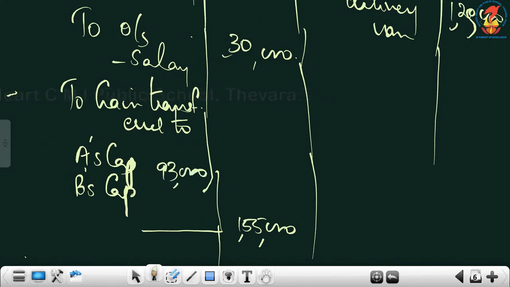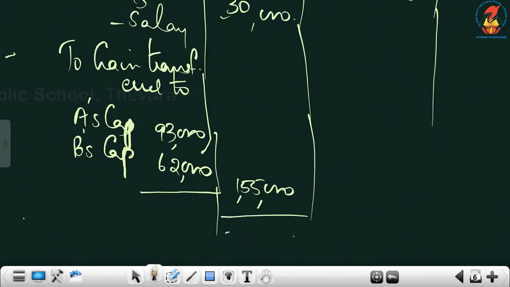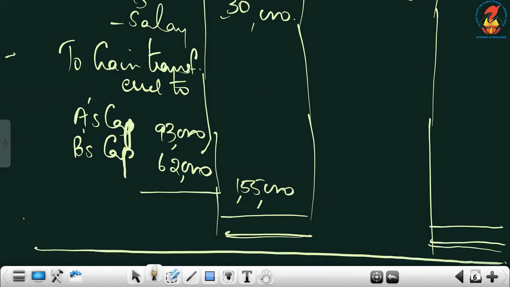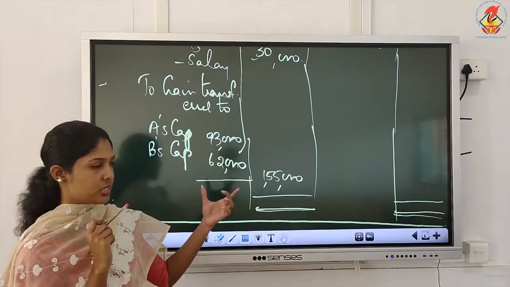You will get 93,000 and 62,000. Write the totals. Now I am not writing the totals, you just write the totals and close your revaluation. So revaluation account is over.